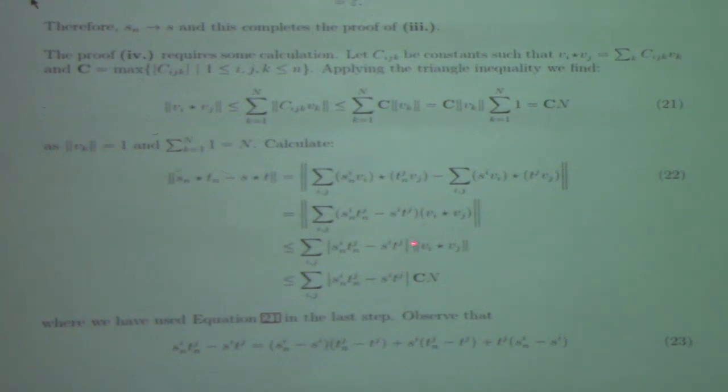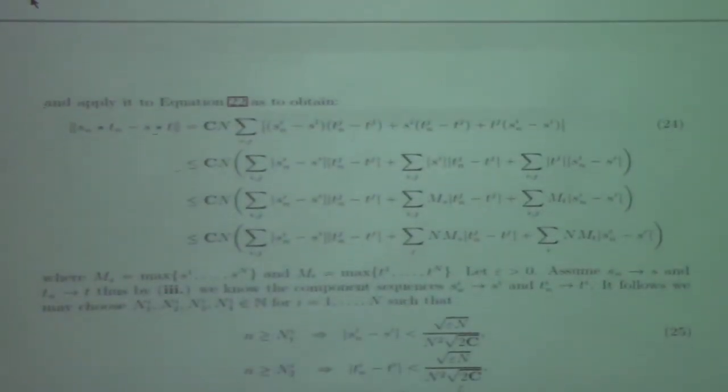And then I had to use the maximum of the structure constants, and n is the dimension of the algebra here. This calculation's in Rudin, so I still had to play that game. If you've never proved that the product of the sequences is the product of the limits, then it might be surprising that it's this complicated. But it gets more complicated over the algebra due to the submultiplicativity.